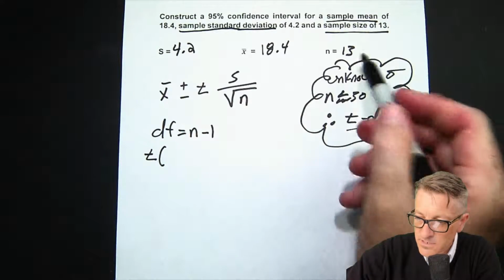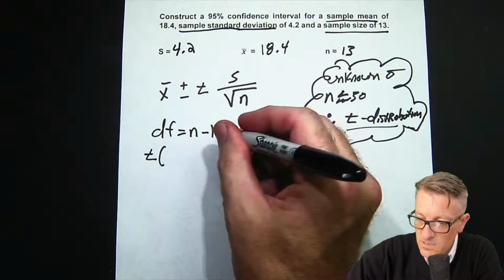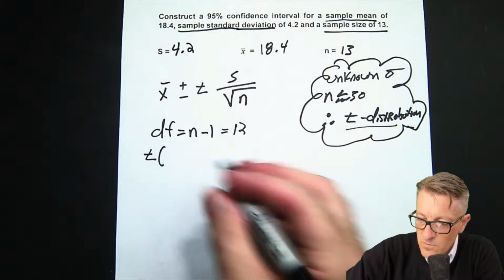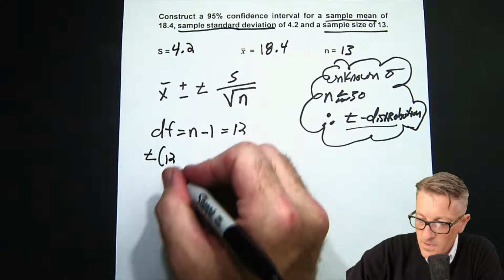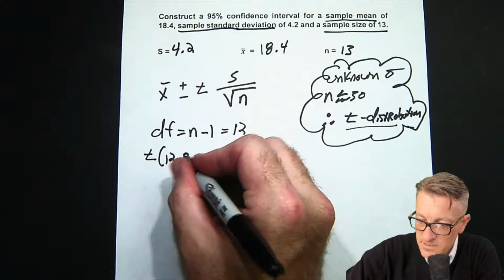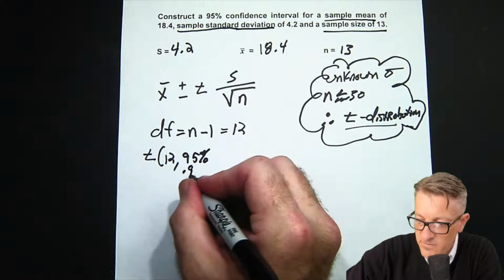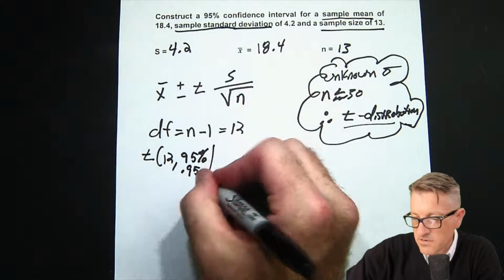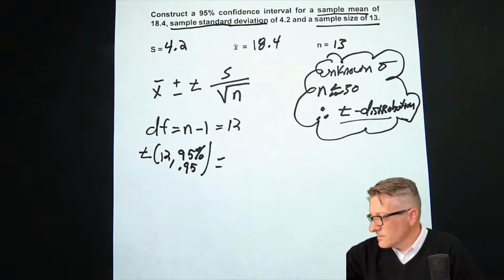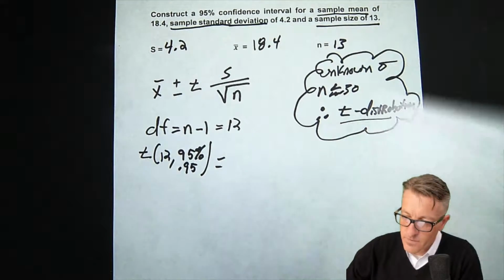Our n is 13, so our df is going to be 12. So we have 12 and then 95%, which you could write out as 0.95, for a confidence interval. Okay, let's take a look at the t-distribution table.